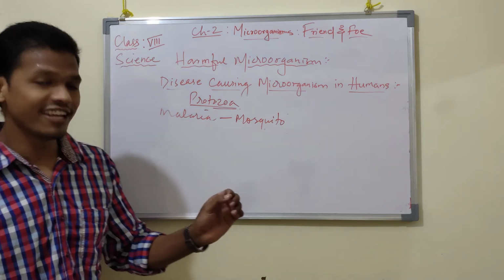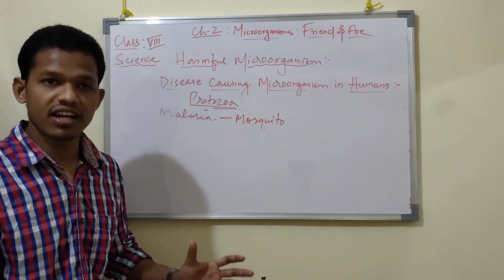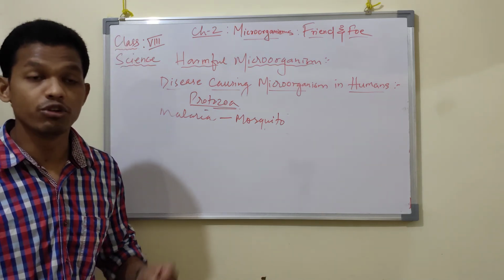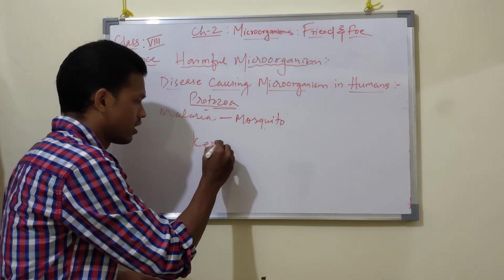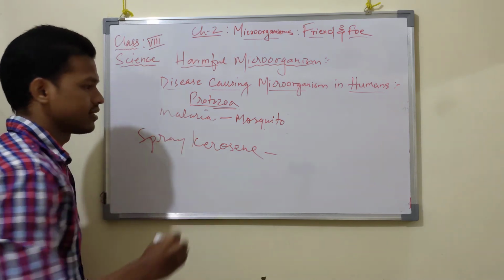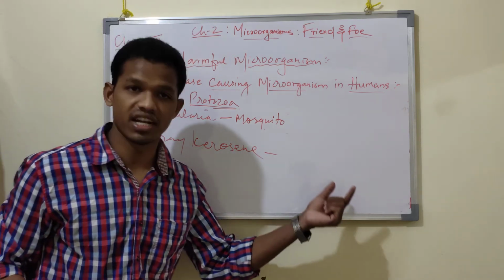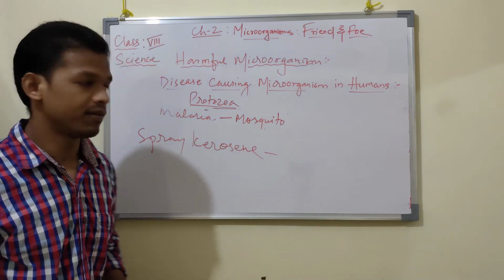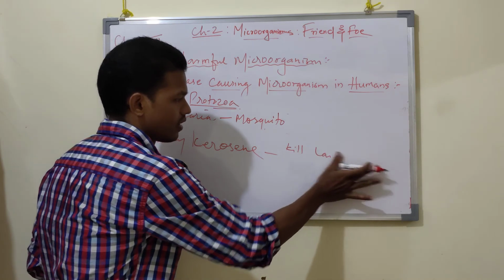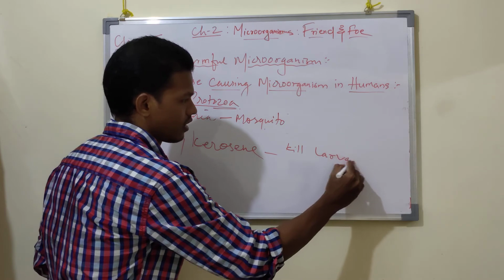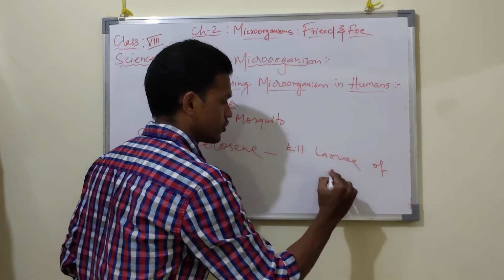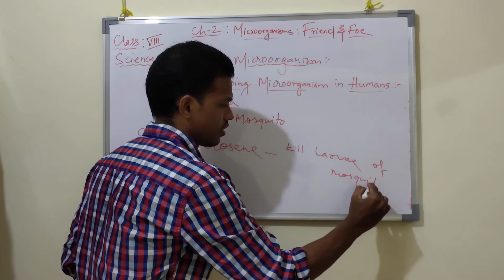So if you find any such stagnant water around your house, what do you have to do? You spray kerosene on the surface of the water so that it kills the larva of the mosquito.